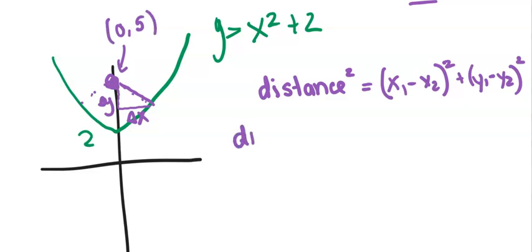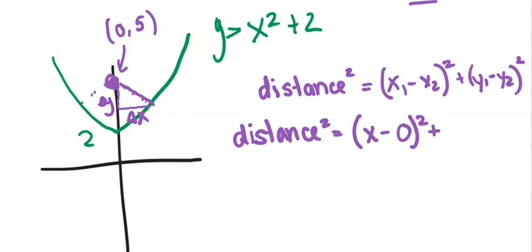I'm already given this point here, which is 0, 5. So I'm going to just plug that in here. So x minus 0 squared plus y minus 5 squared. Now, I don't want to use y because that's too many variables. So I want to think about what the value of y is right here.